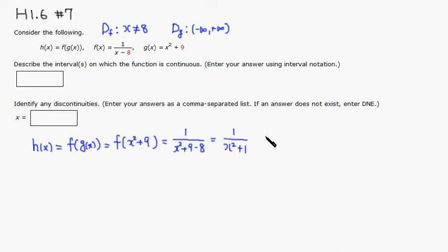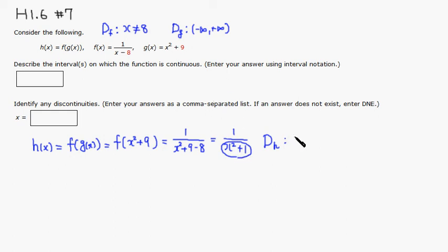But in this case, the domain of this function is going to be all real numbers, because the only thing we have to worry about is the bottom being 0. But this quantity is never 0, because x squared is never negative, then you're adding 1 to it, so this is going to be at least 1.